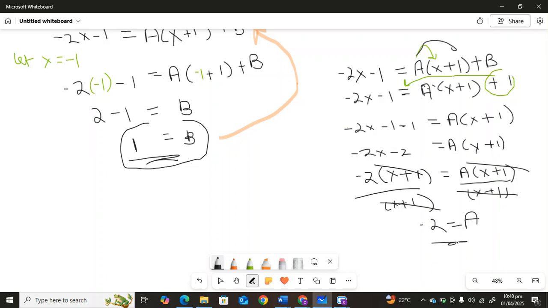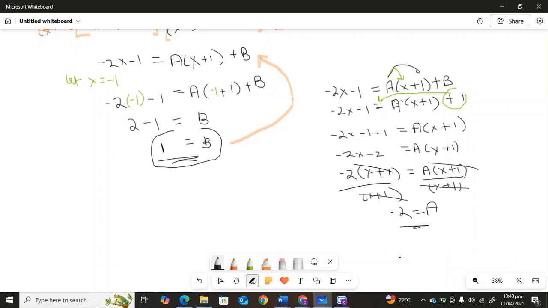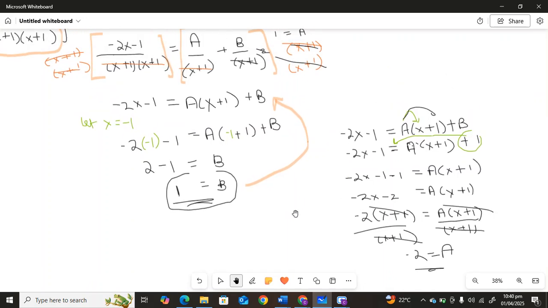Any questions? Okay. The purpose of making x negative 1 was to get rid of a, so that we just remain with b, so that we get the value of b.